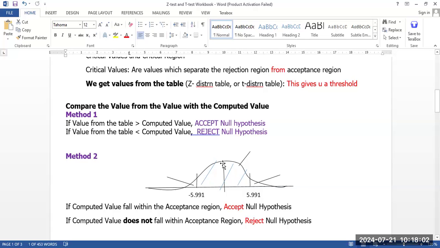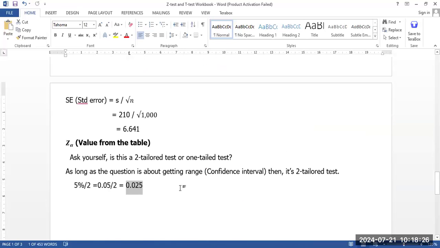So it means that if I want to know from here to here, or from here to here, I must get 0.5. Then I subtract what? 0.025. What do you get?